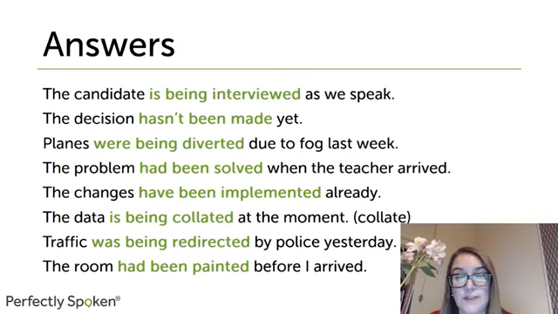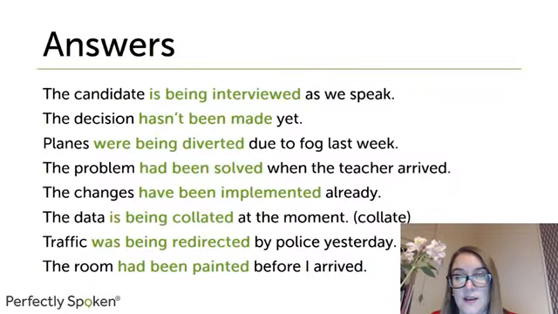So the clue here was as we speak, something that's happening now. It must be a continuous tense. Number 2, the decision hasn't been made yet. So here we're using yet, which suggests that we need a present perfect. And remember, we use yet in a negative or a question form.